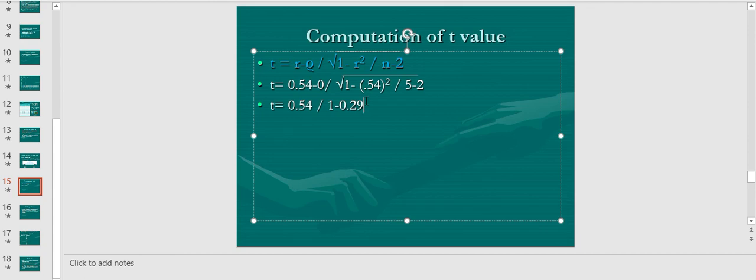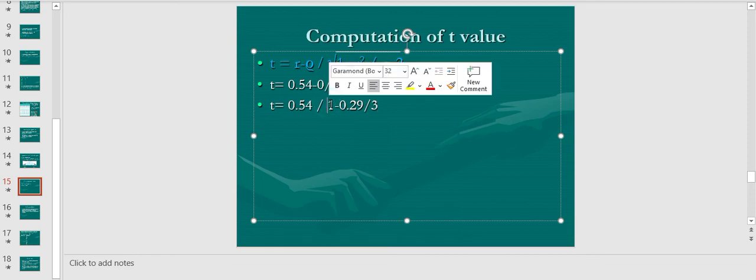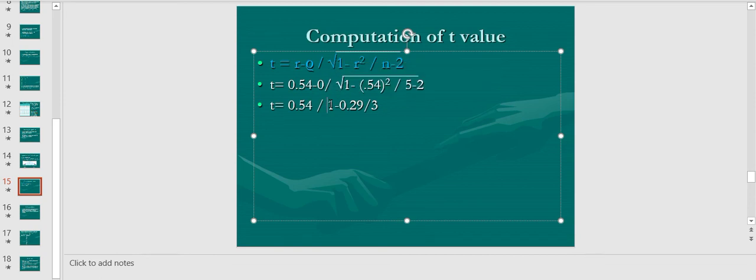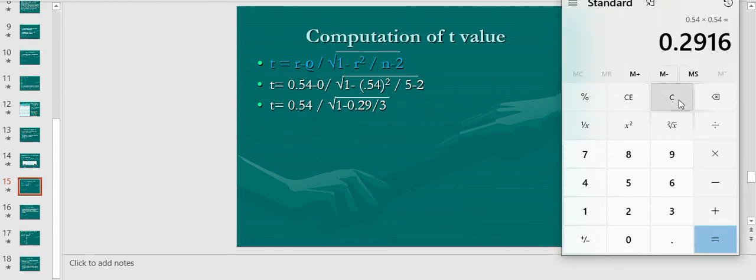Okay, 5 minus 2 equal to 3, and we will take 1 minus 0.29, which is equal to 0.71.